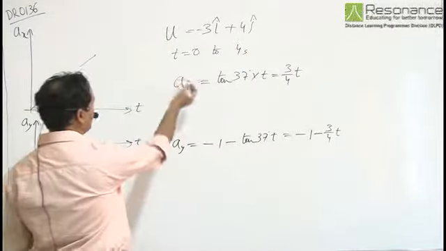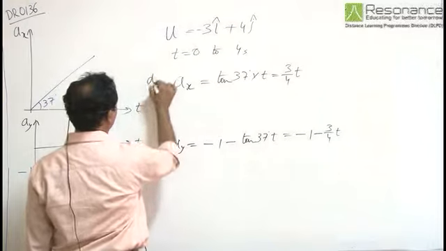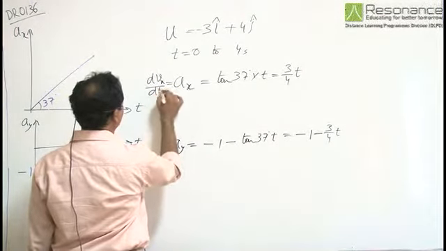As we already know, ax is equal to dvx by dt.